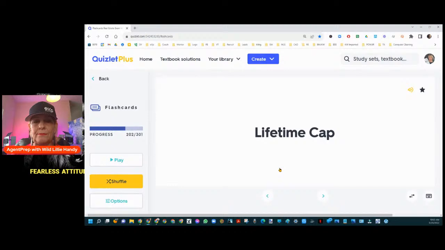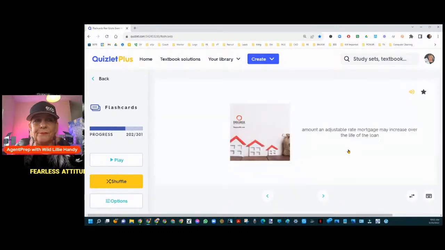Lifetime cap. Amount an adjustable rate mortgage, an ARM, may increase over the life of the loan. So every adjustable rate mortgage has a max limit as to how much the interest rate can be increased before it maxes.